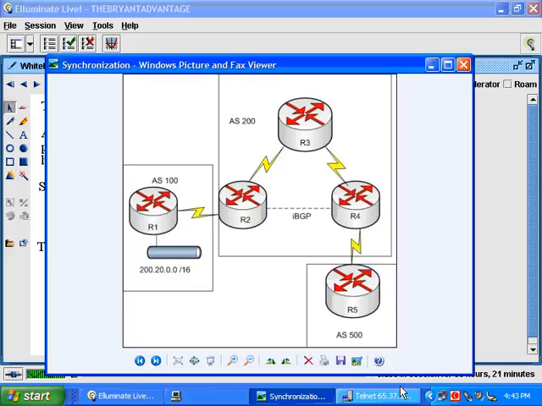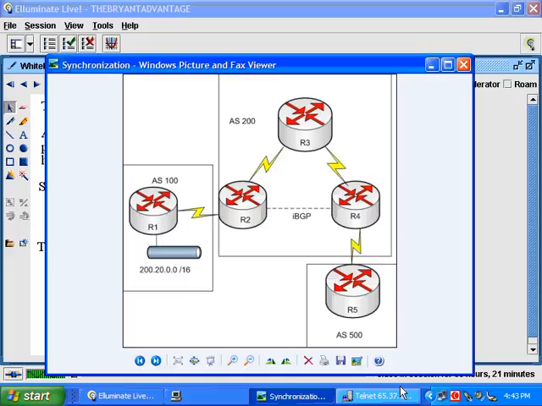And at that point, router 4 will not advertise that route to router 5. Why not? Because there's no possible way that router 5 can send data successfully to 220.0.0.0/16 because it's a BGP route. Router 2 will see it and have it in its routing table, and so will router 4. But router 3 can't have it because router 3 is not speaking BGP.